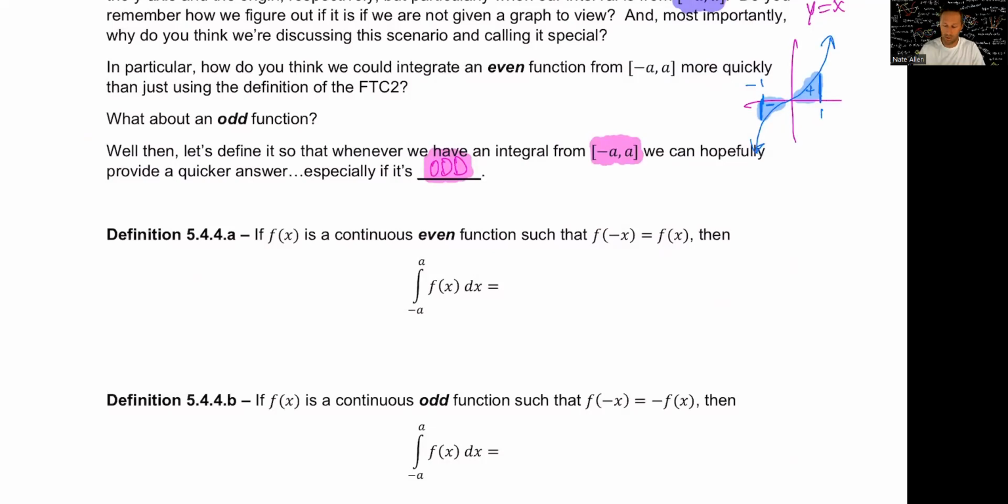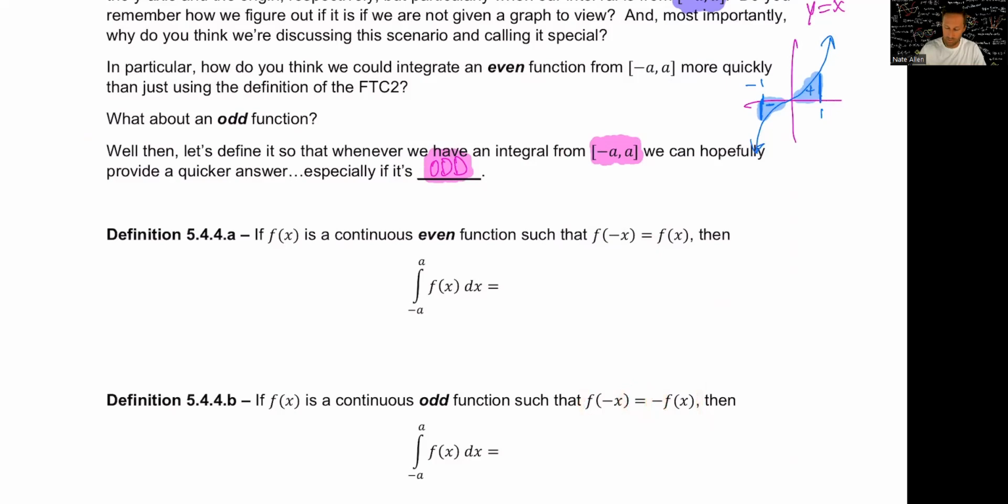And just as a reminder, if you've forgotten how to check whether something is an even function or odd, we plug in a negative x into that function. And if it comes out the same, then it is even, that means it's the same. So even, same. But odd, you will get the opposite of what your original function was.